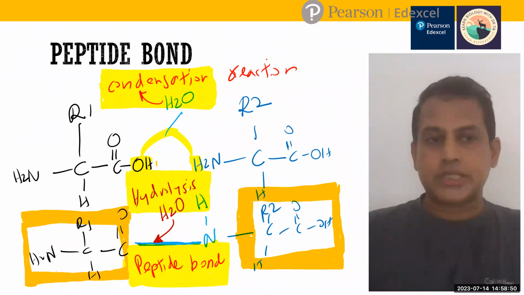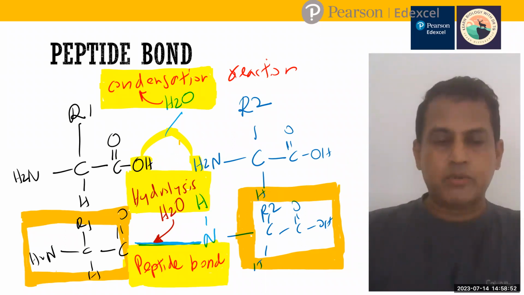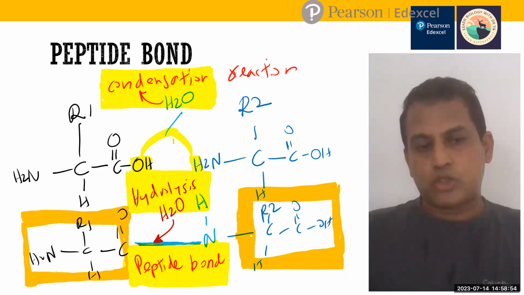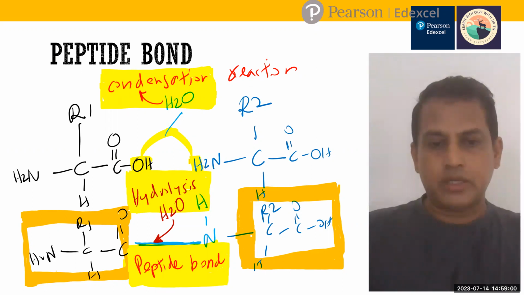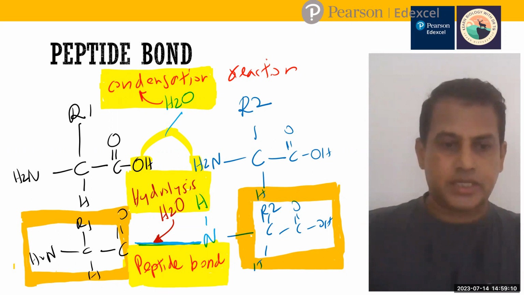Okay, now just to summarize about the peptide bond, when two amino acids join together, a peptide bond is formed, and one water molecule is also formed. This is called condensation reaction.